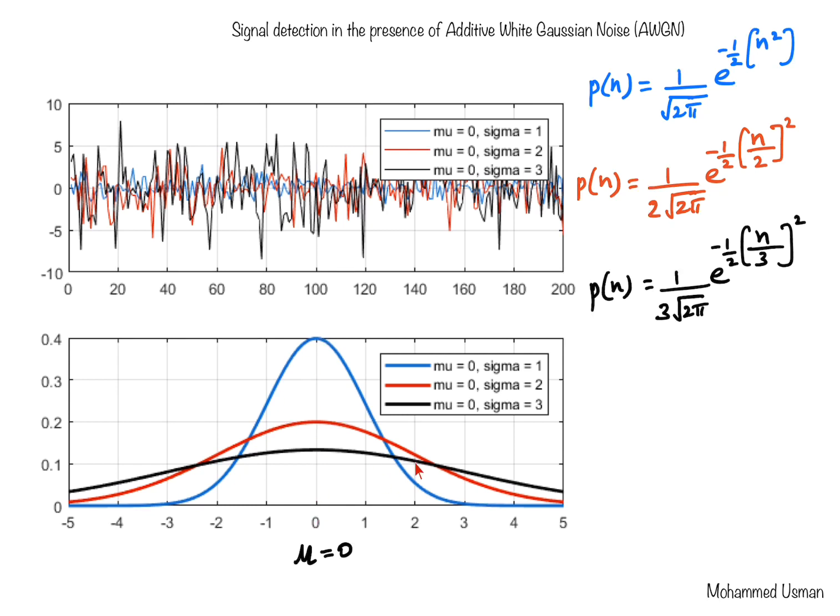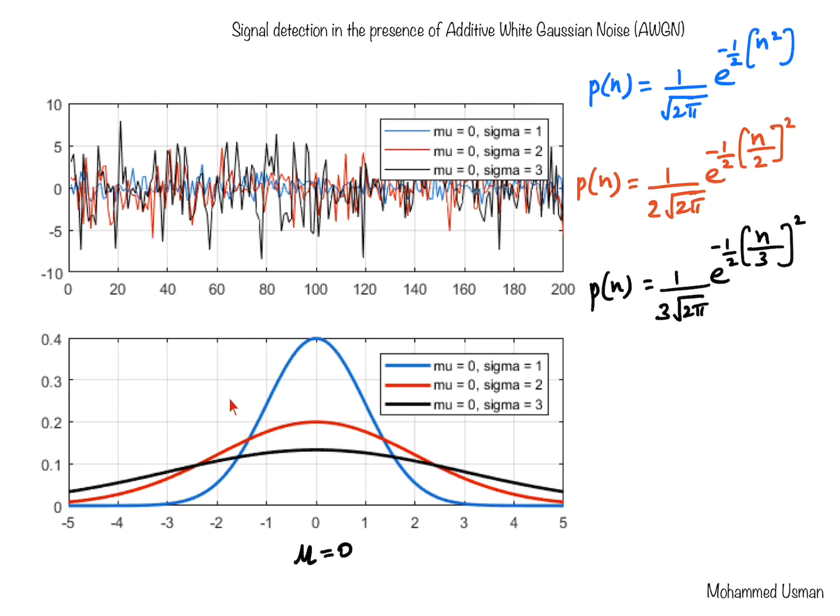For this blue PDF, when the mean is 0 and the standard deviation is 1, the probability that the noise amplitude is 0 volt is 0.4, around 40%. For 40% of the time, the noise amplitude is going to be 0. And what is the probability that the noise amplitude is going to be 1 volt? It's around 0.25, or approximately 0.24.